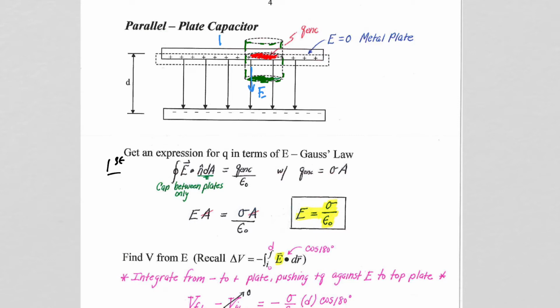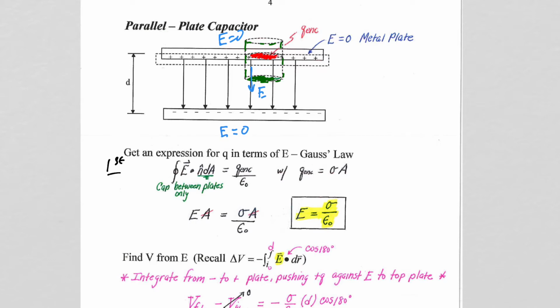There is no electric field outside of the plates because, if you recall, our Q enclosed would be 0 if we extended the Gaussian surface. We're also ignoring all of these edge effects, so we're not going to look at any of those non-uniformities. We're looking at what we always did, the constant electric field between the plates of the capacitor.